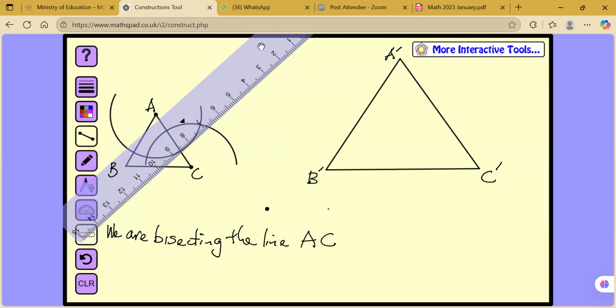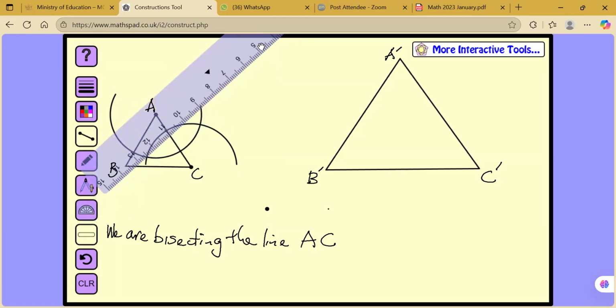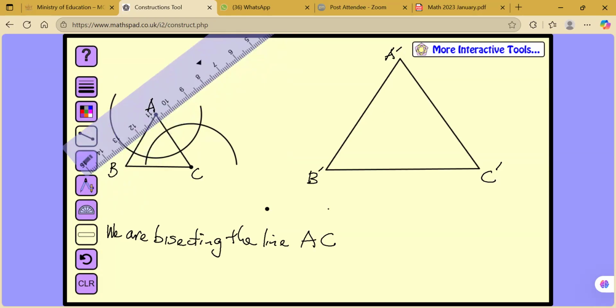But you're supposed to take a ruler and draw a line.